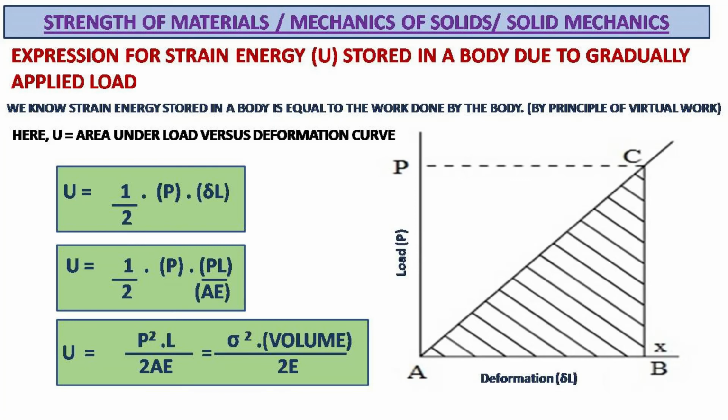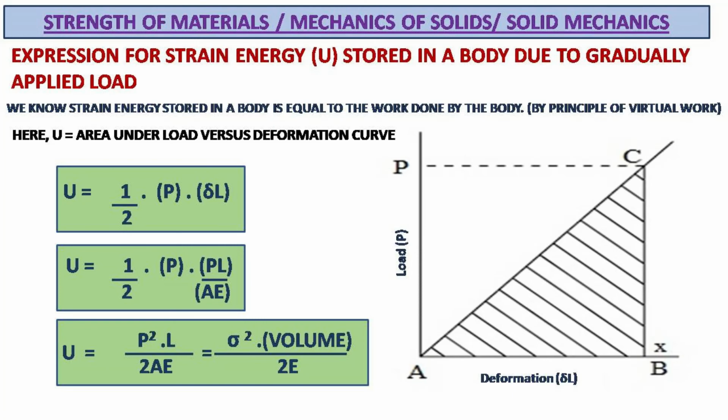Now, to find strain energy, we are considering area under this load versus deformation curve. As the area is in the form of a triangle, area of triangle is given by half times base into height. By substituting the values we get, strain energy U as, half times delta L into P.